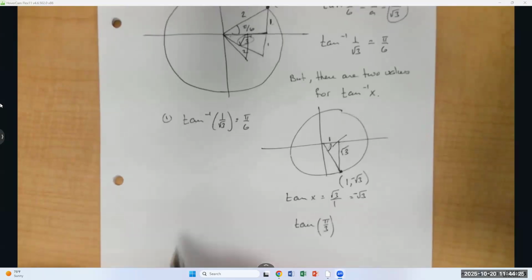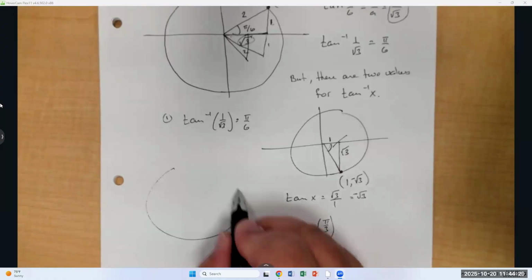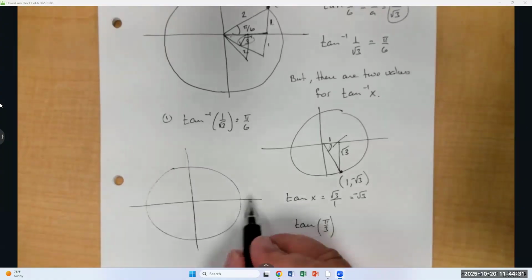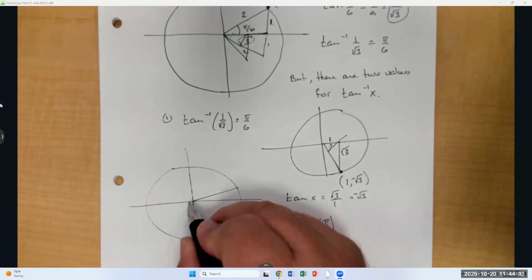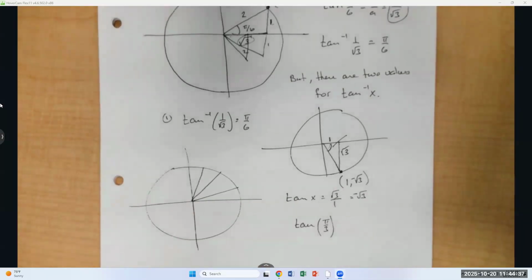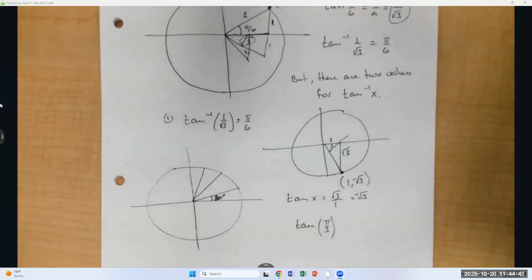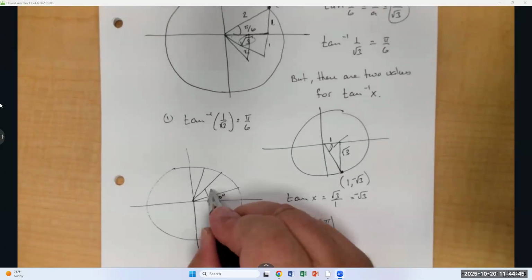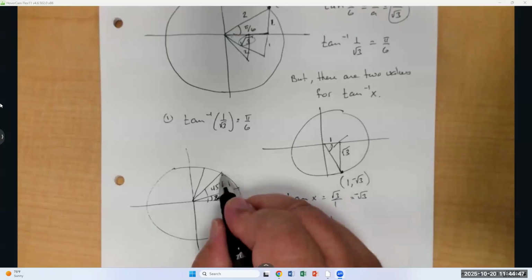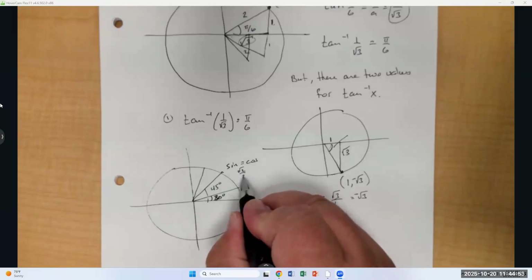Now, why do we use that? Because remember when we did trigonometry, you have 3 angles that you always look at. One of them is 30 degrees. One of them is 45, but that's where sine and cosine are equal. They're both square root of 2 over 2.